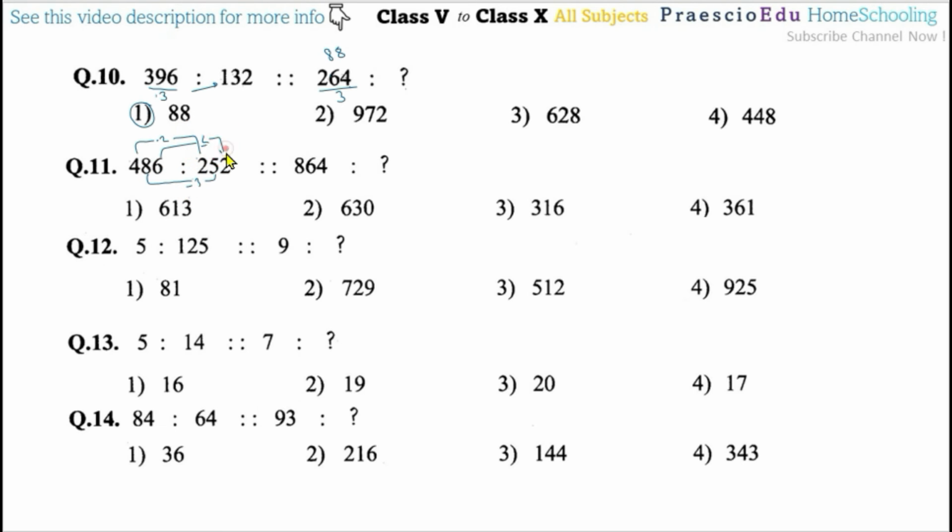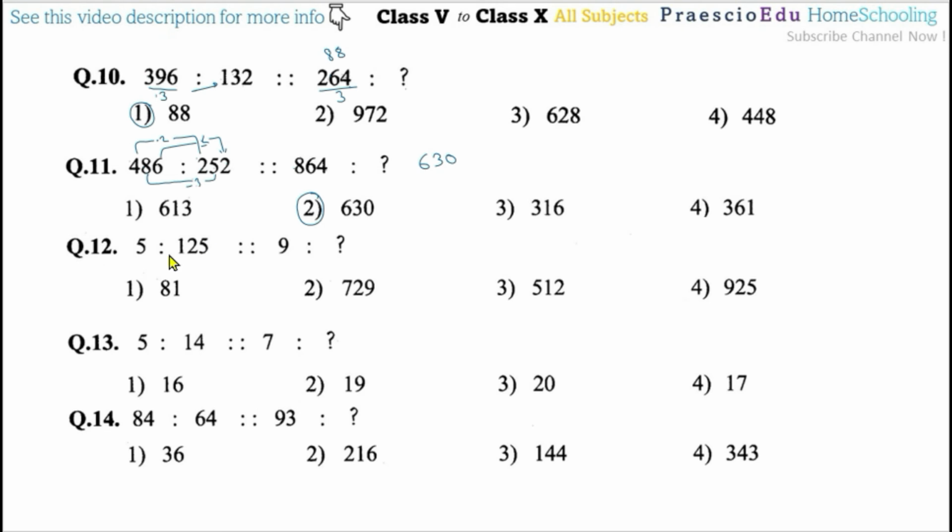So unit place, tens place, and hundreds place, all the digits we are getting by subtraction, but sequentially, means minus 2, minus 3, minus 4. So same we will apply here. So 8 minus 2 is 6, then 6 minus 3 is 3, then 4 minus 4 is 0, means 630. So this is given in option number 2.